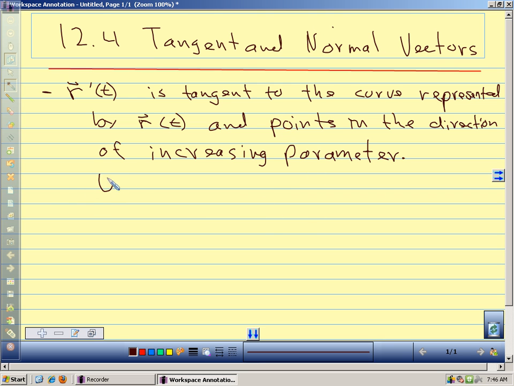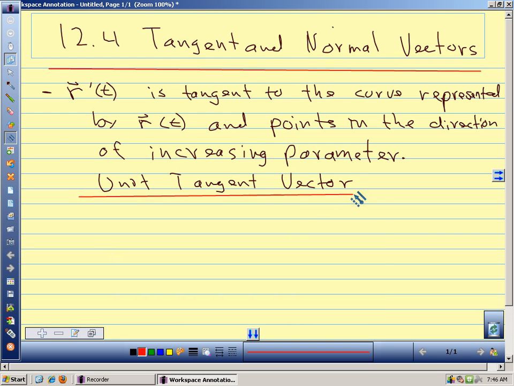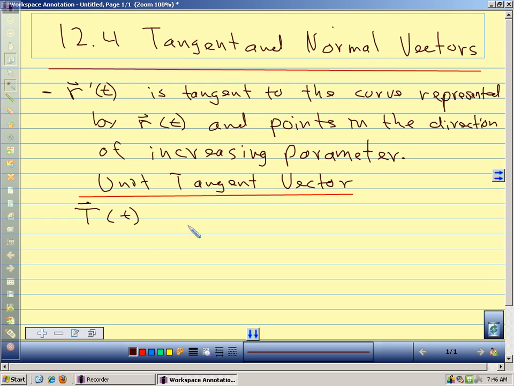Our unit tangent vector, usually notated with a capital T, is a function of t; it changes with time, and is given by r prime of t divided by the length of r prime of t. And that gives us our unit tangent vector.